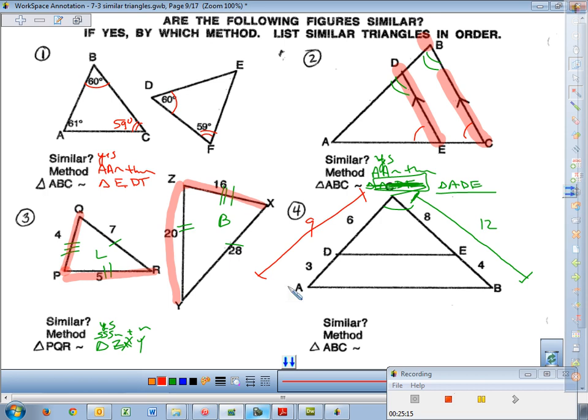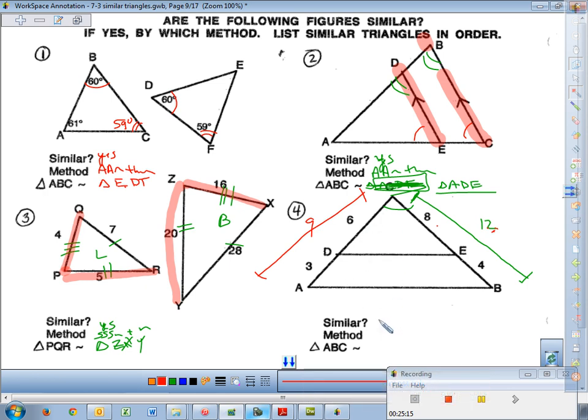Now, to do side, angle, side, I need the sides themselves to be in proportion. What does it correspond with? 4 or 8? 8, right? The side in the little triangle. 12 over 8. What do you get? Punch it in. 12 over 8. 1.5? What's the other ratio you would check besides 12 over 8? 9 over 6. You better see if you get 1.5. Do you?